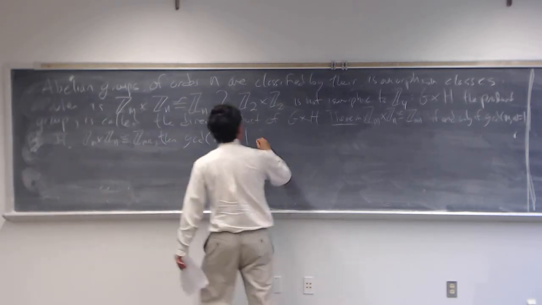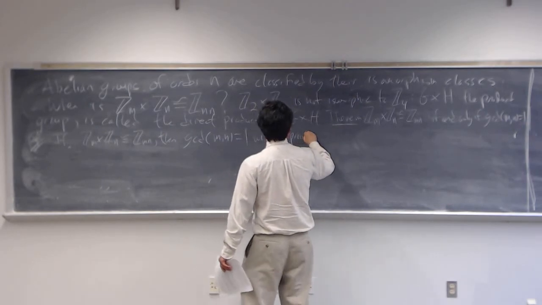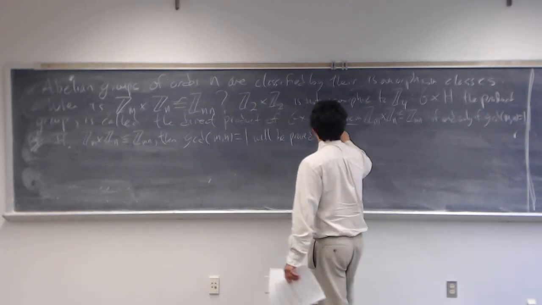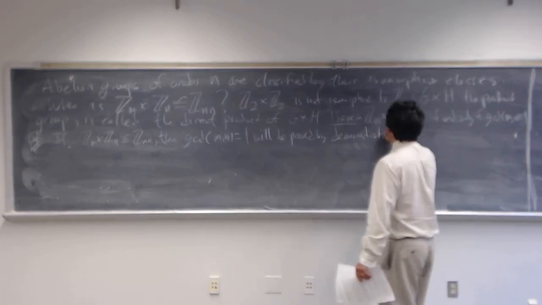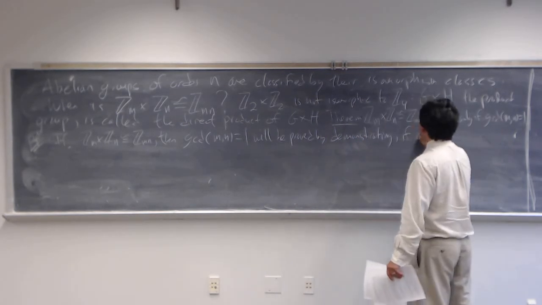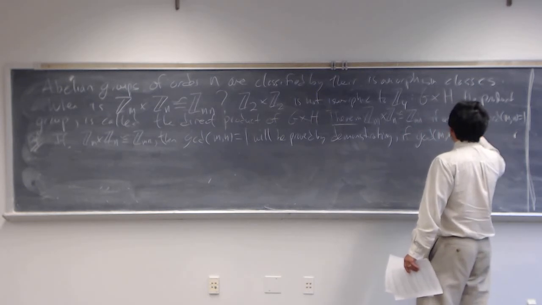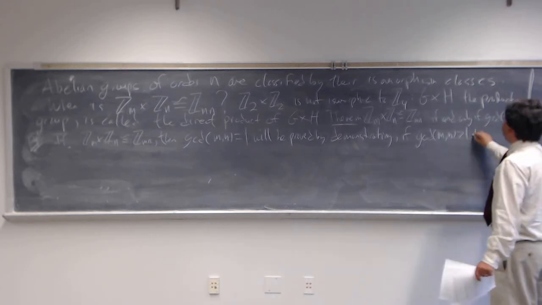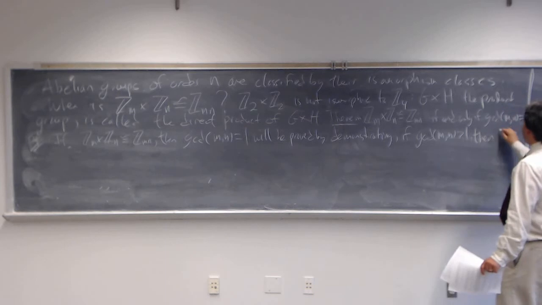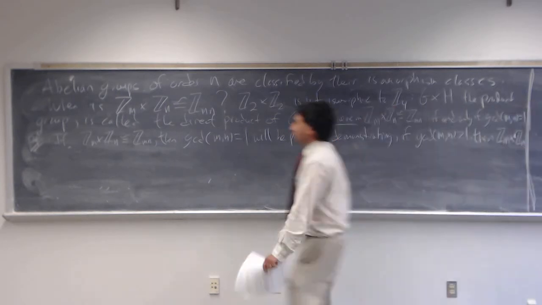We're going to prove that implication by demonstrating the contrapositive: that if the GCD is not 1, that's to say it's greater than 1, then Zm cross Zn is not cyclic.